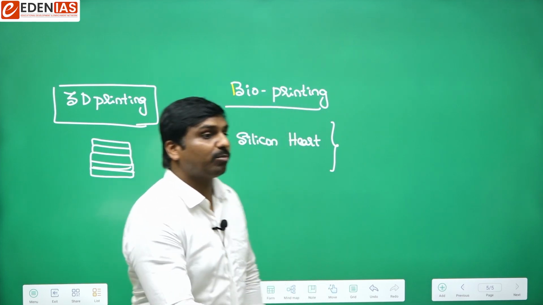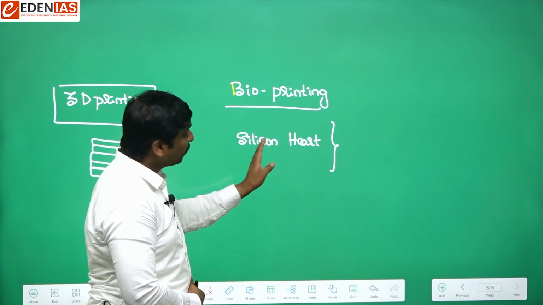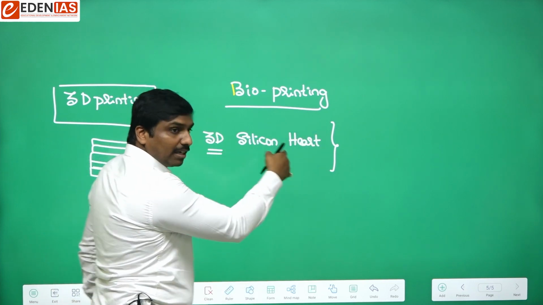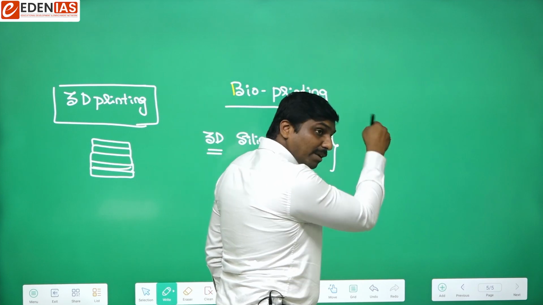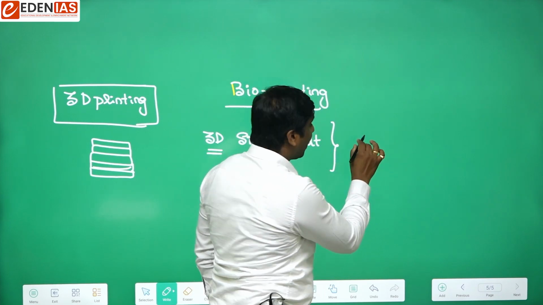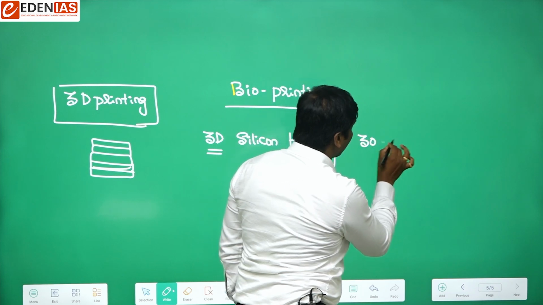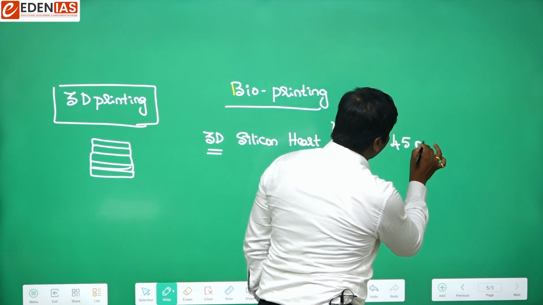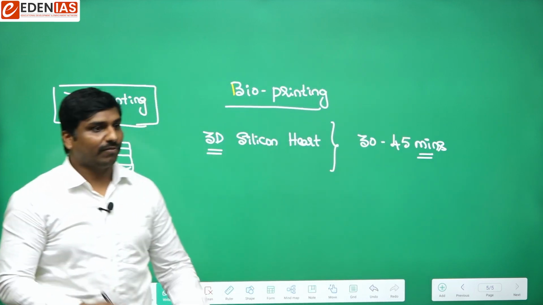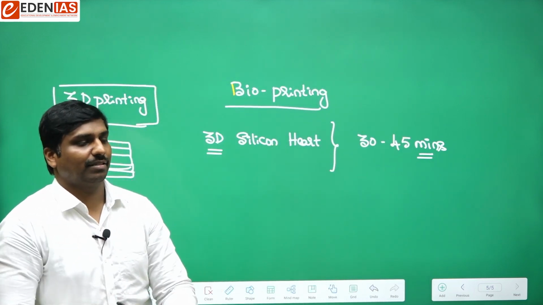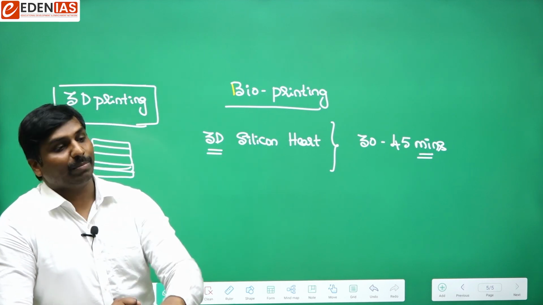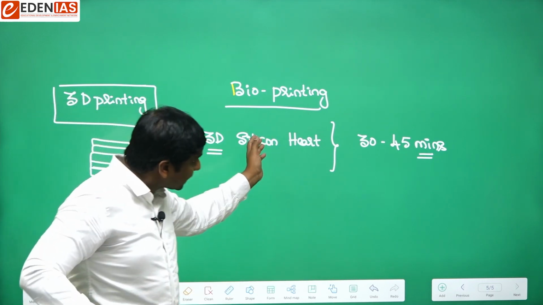During this process, they will use such a 3D silicon heart as a temporary organ. This 3D silicon heart can serve as a normal heart for 30 to 45 minutes. For this much period, it serves as a replacement, so it can extend the lifespan.